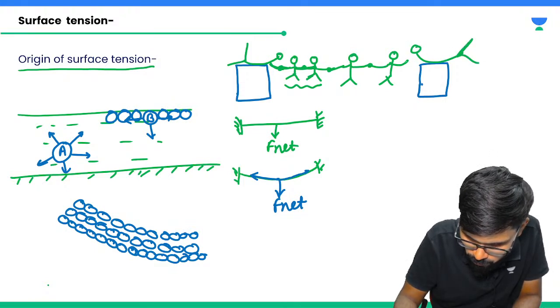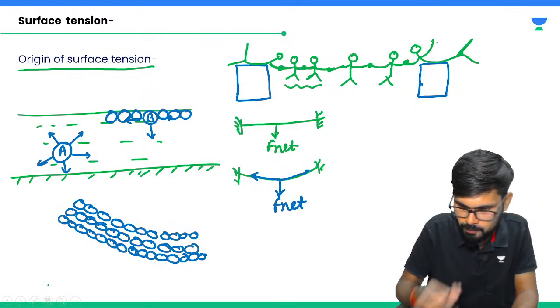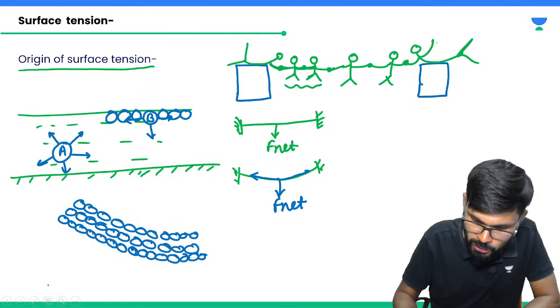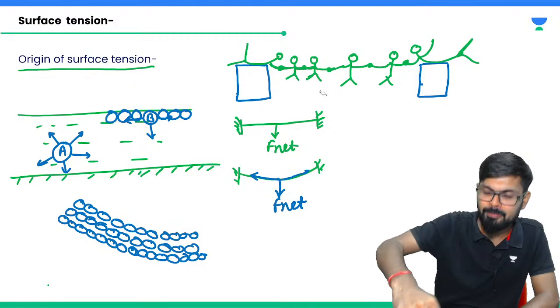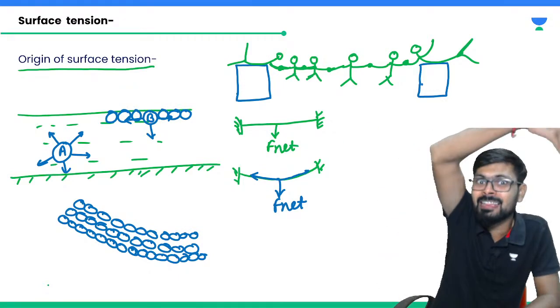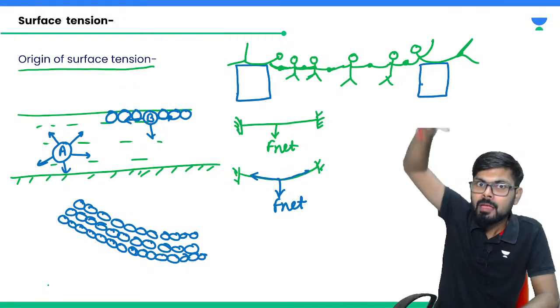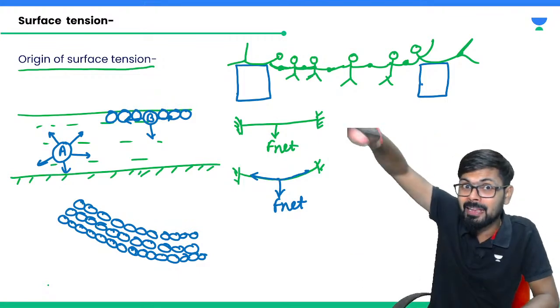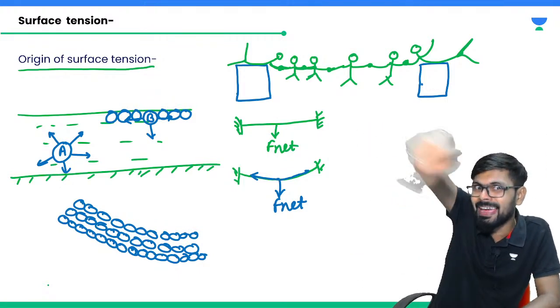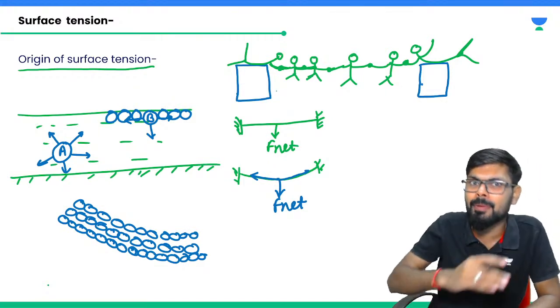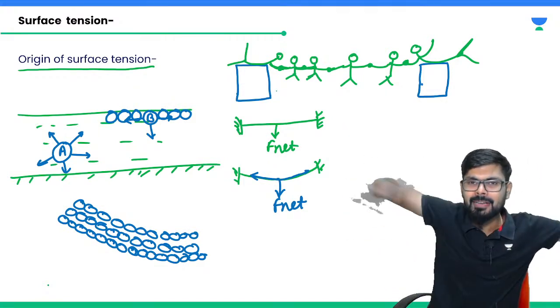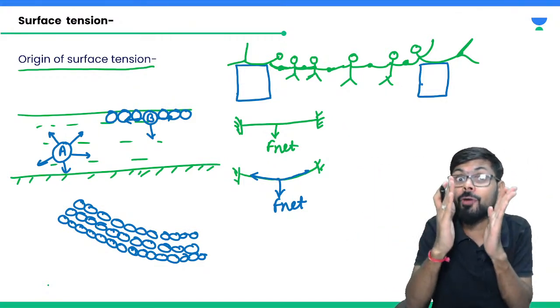Now you see, it is defined in one particular length. Maybe another building parallelly, another people are there. But I am going to talk about only one line. In one line also, this line may be 10 meter long. But I am going to define for 1 meter.